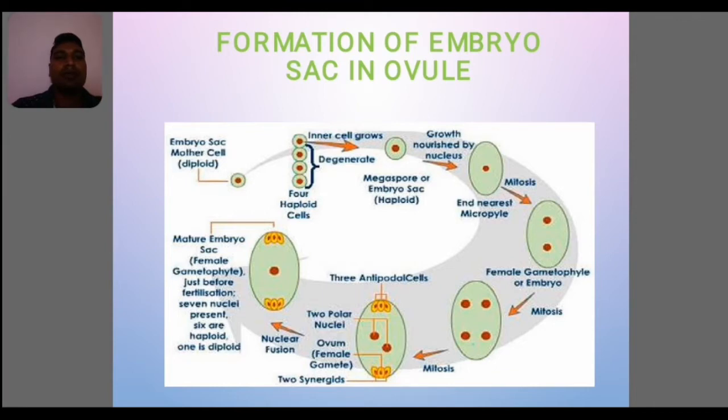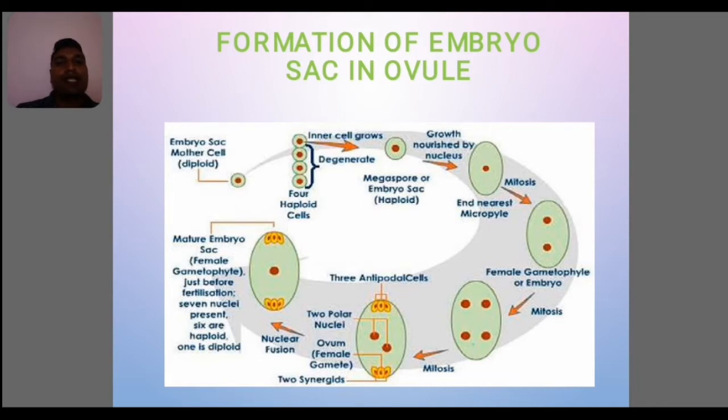Later on there will be nuclear fusion. Because of nuclear fusion, the 2 polar nuclei will unite. Before, they were haploid. Later on, because of the fusion, they acquire a diploid nature, so the 2 polar nuclei get fused.